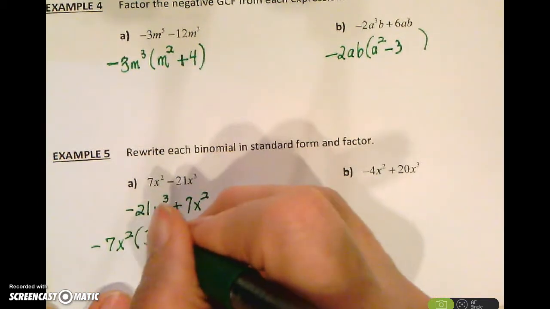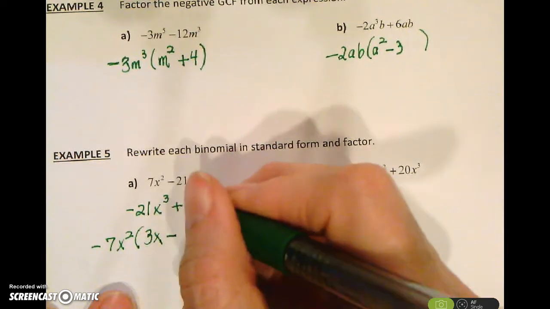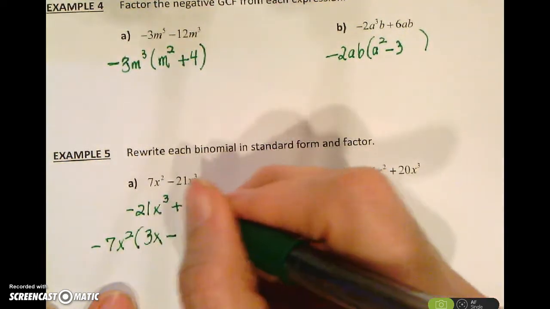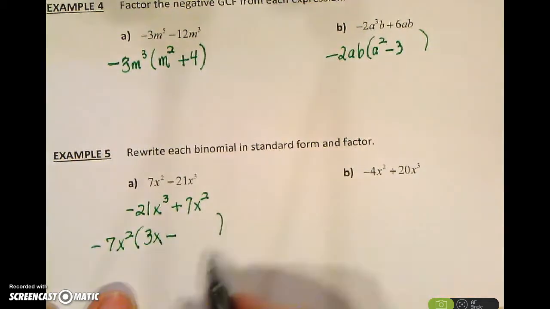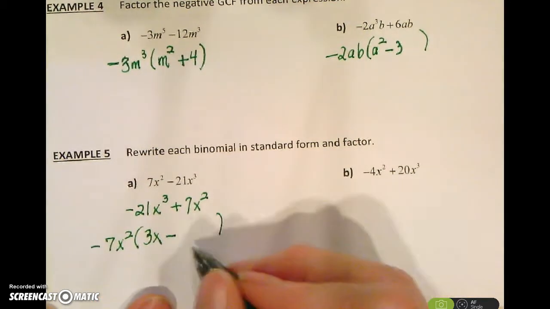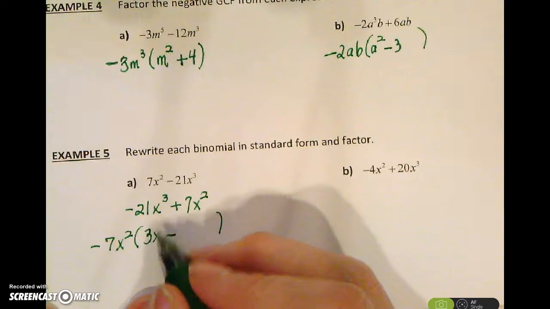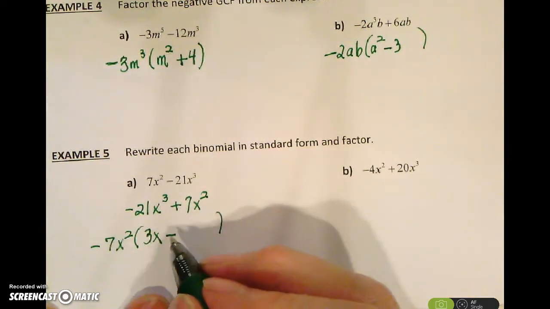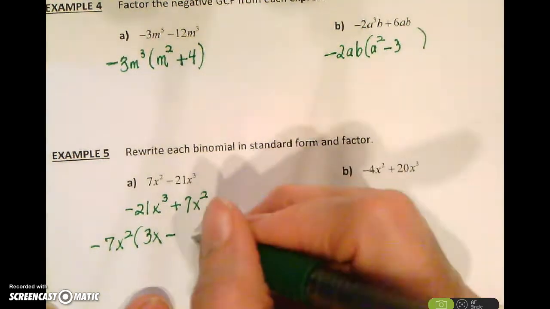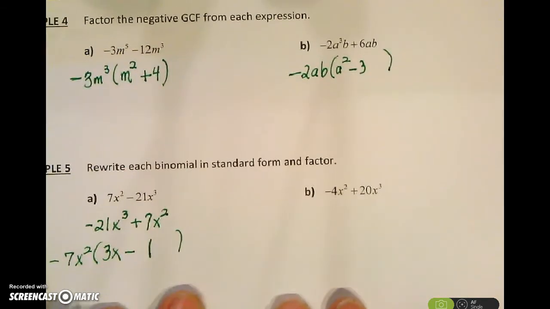Notice that gives me negative 21x cubed. Negative times a negative is going to give me a positive. And I don't really need anything here, but I've got to hold this place. This is kind of an important one. I can't just leave it blank because remember, I've got to distribute to get these. So negative 7x squared times negative what gives me that? Negative 1. So there needs to be a 1 in that spot.